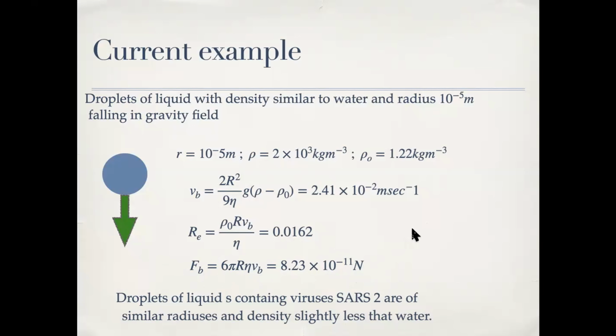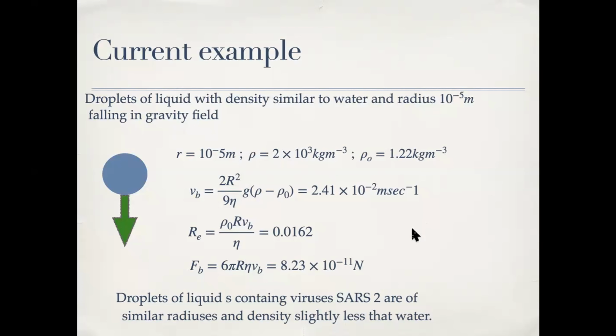And I took this because the droplets of a liquid containing the viruses of SARS-2, those droplets which we cause by coughing or sneezing, are basically of a similar radius, 10 to the minus 5 meter, and the density is slightly less than water.